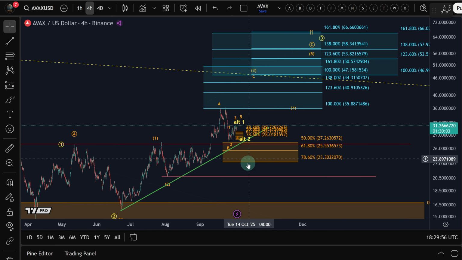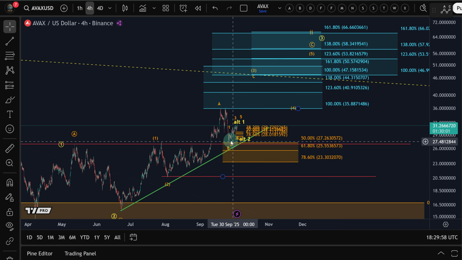It could easily be tested again. This will become less likely if we can get a micro 5-wave move up from the low, and also as long as we're holding micro support levels, which I've added to the chart as well. We're going to take a look at them on the 1-hour time frame in a minute.